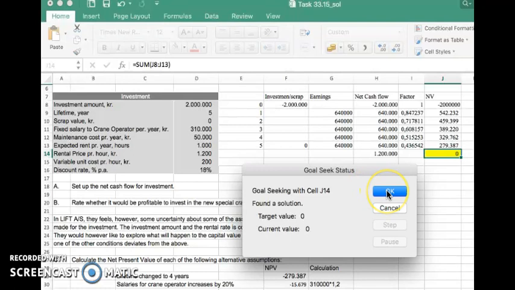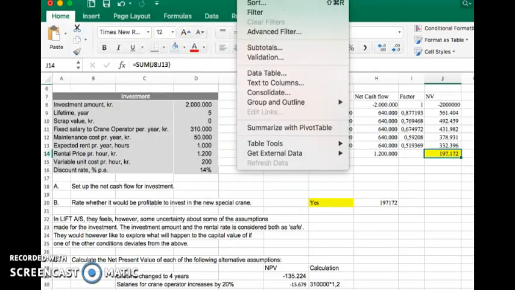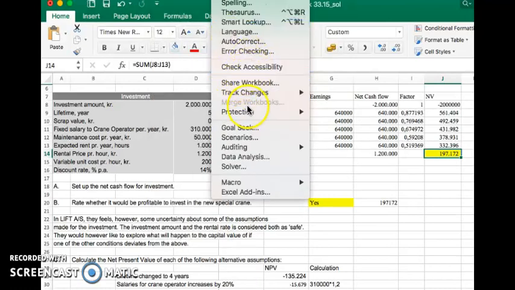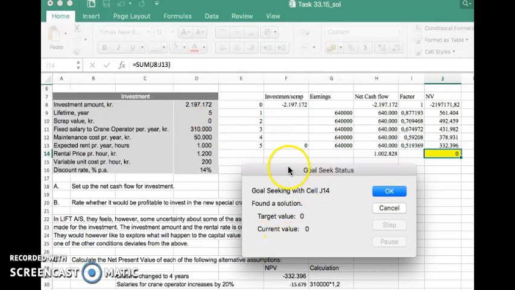Another one, as I told you, I'm just going to cancel here, would be to look at goal seeking again, by changing this to 0, by changing the investment. Let's say, okay, here they found a scenario.